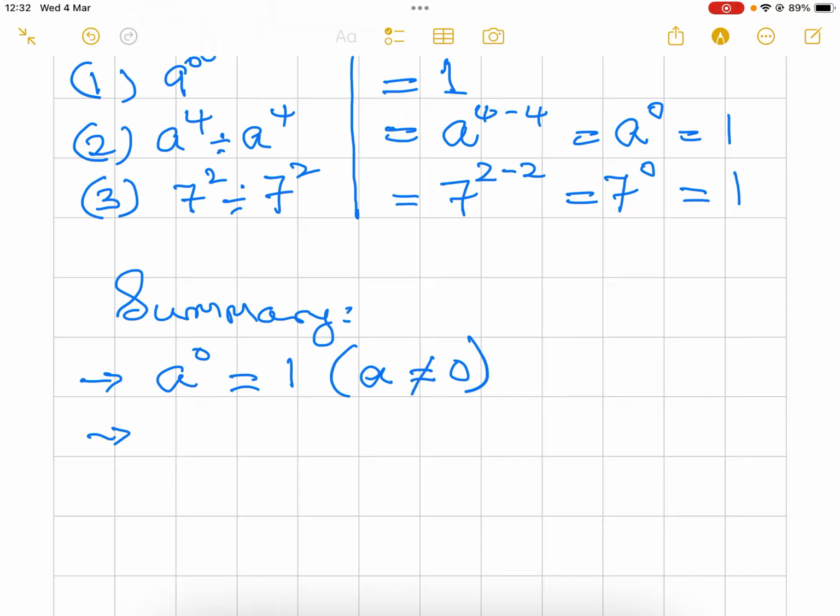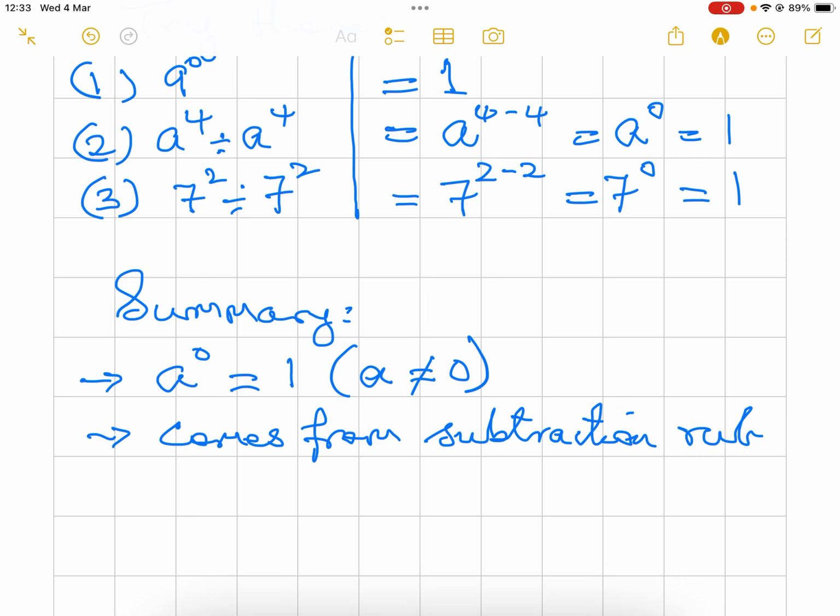And we also learned that this comes from the subtraction rule.